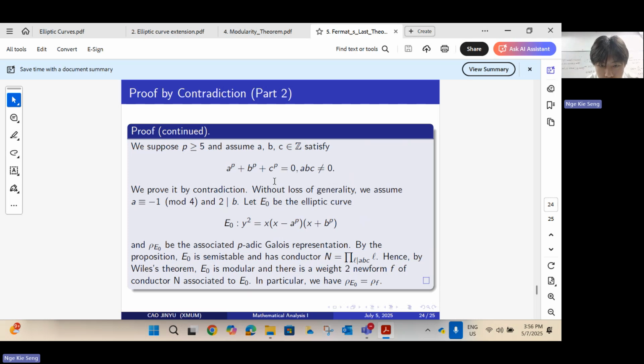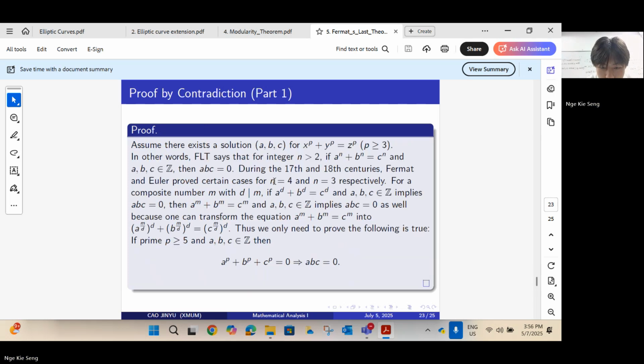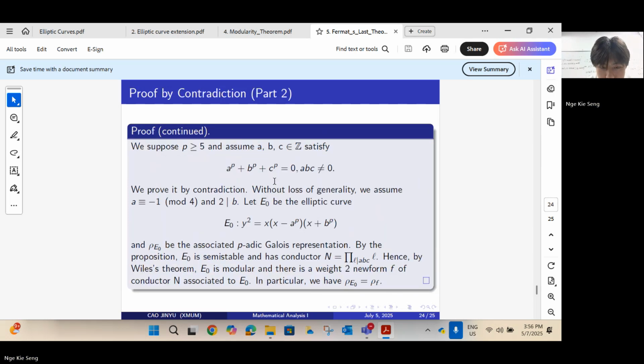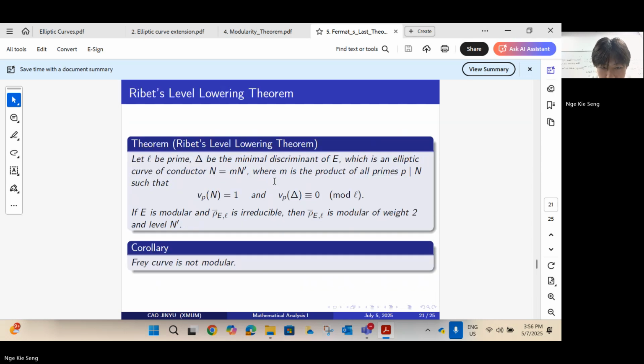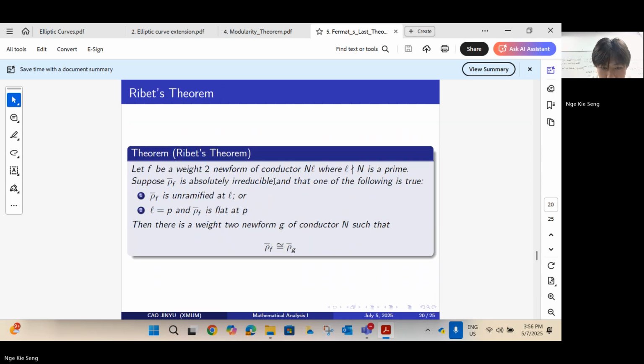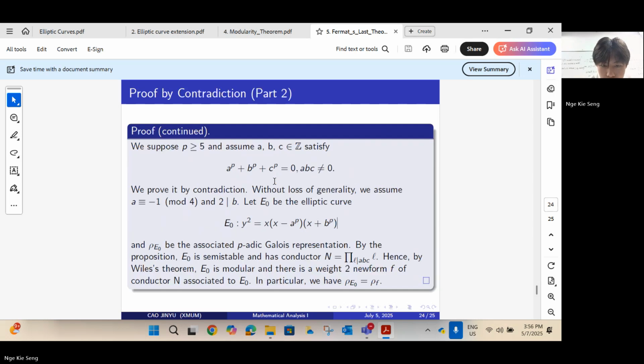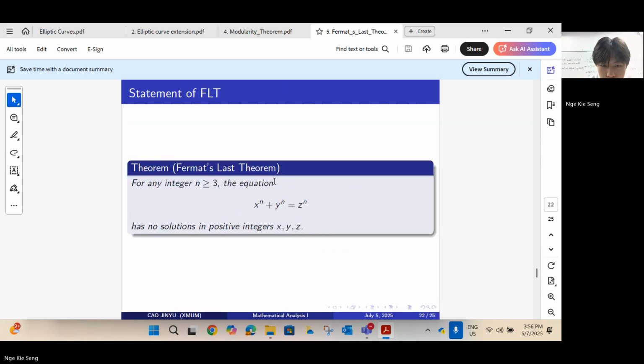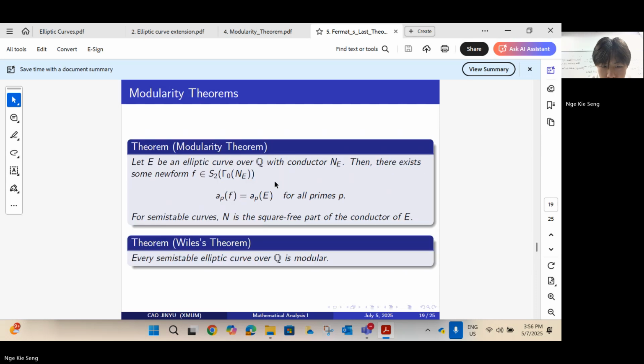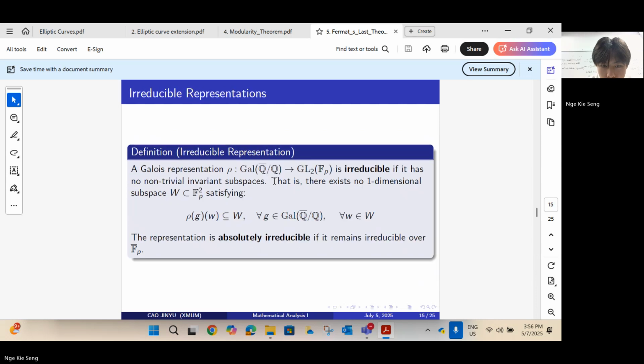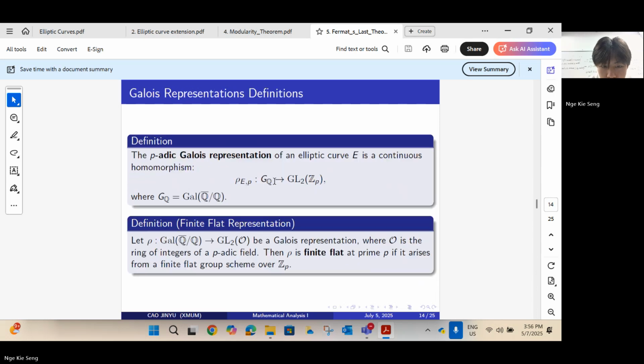Let's see. Oh, we just use this definition. It's okay.